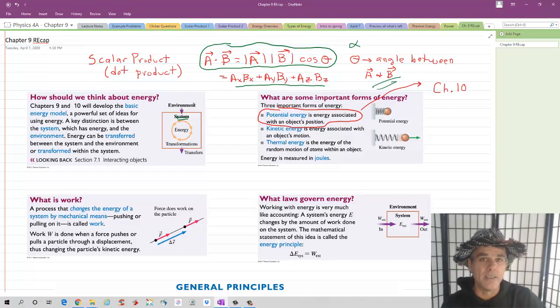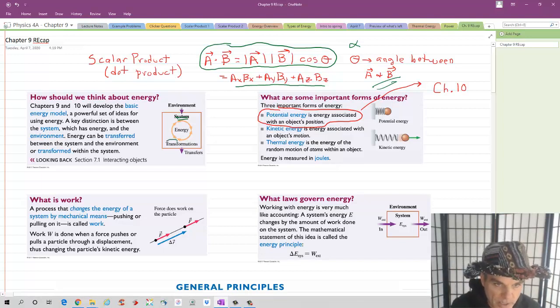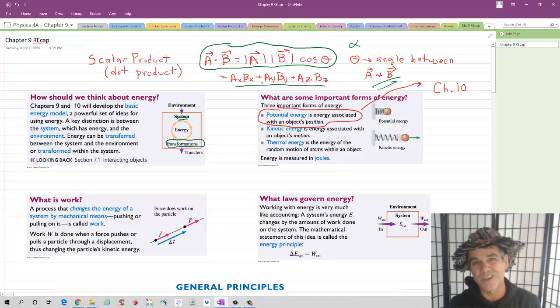So within a system, energy can be transformed from one form to another, but the total energy of the system doesn't change unless something outside the system is doing work on the system. Forms of energy that we have looked at a little bit.